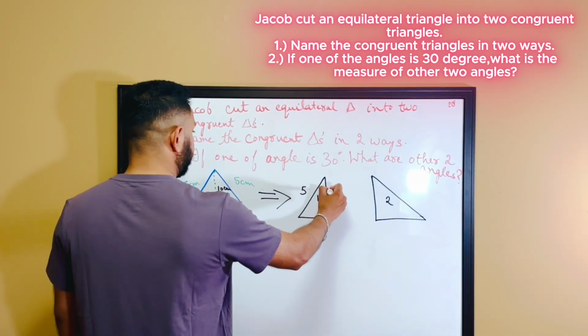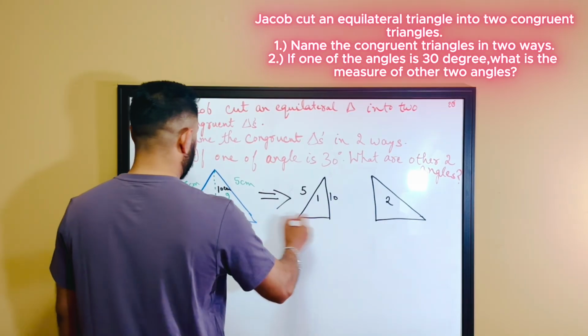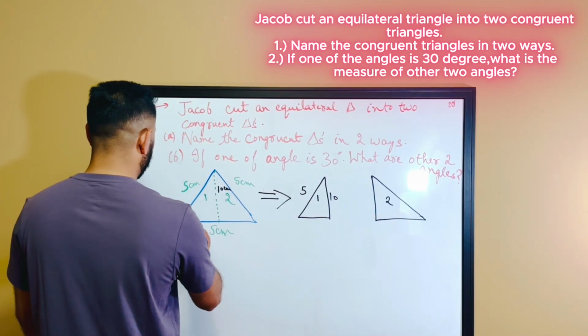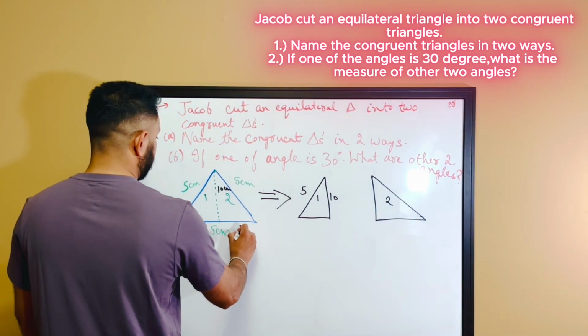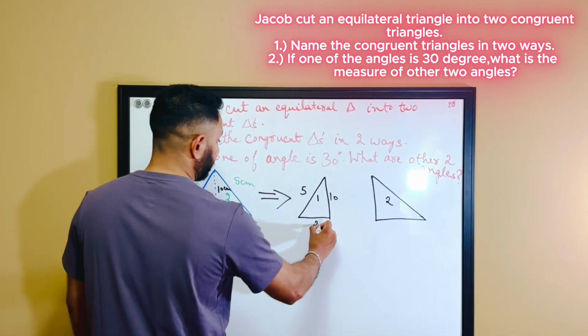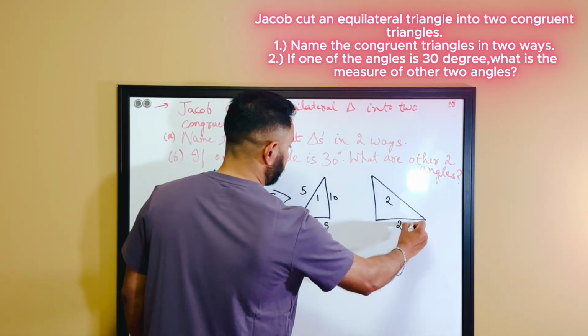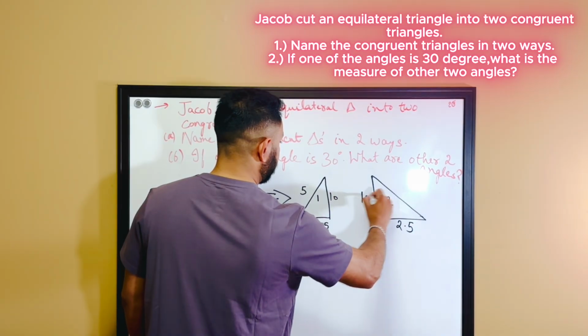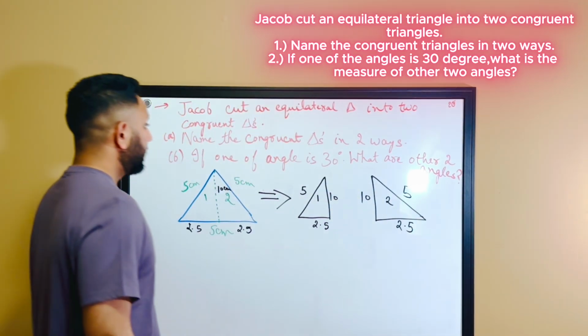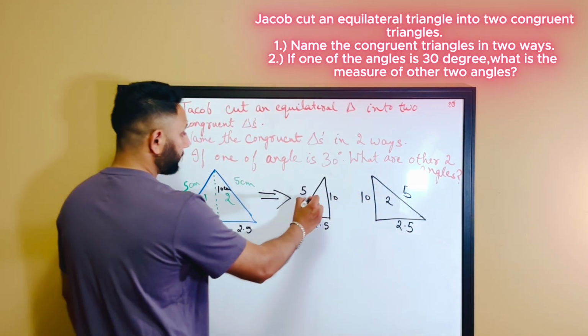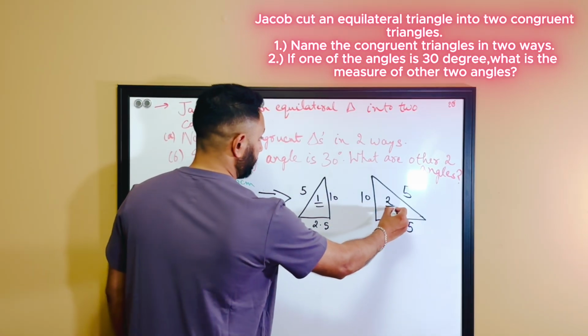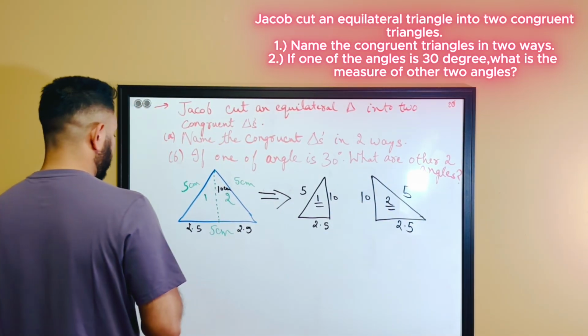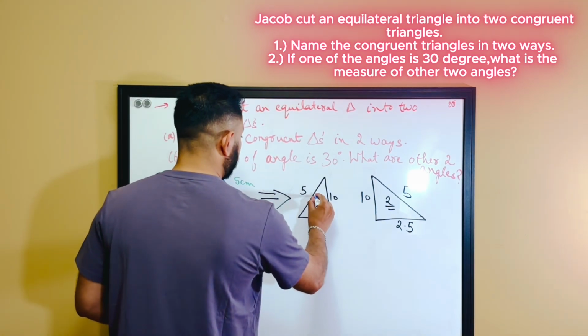And this is 5, this is 10, and this is 2.5. And this is also 2.5. So this is 2.5 and this is also 2.5. And this is 10, this is 5.